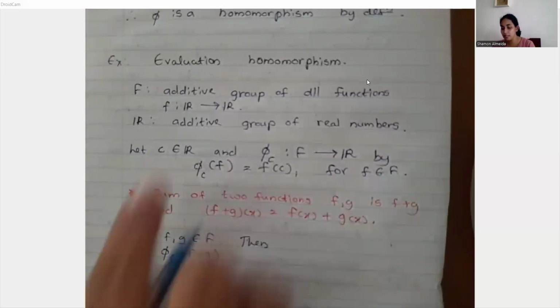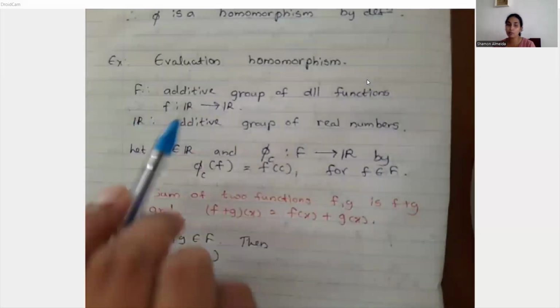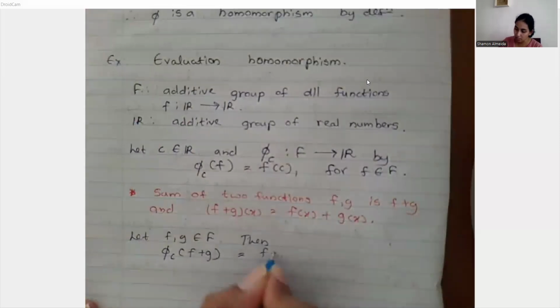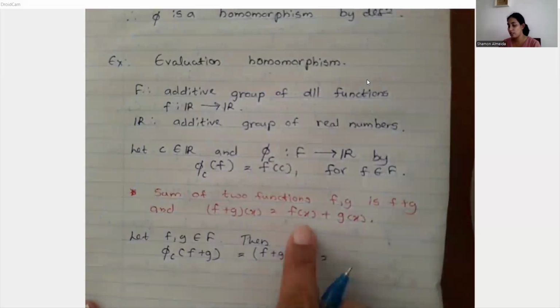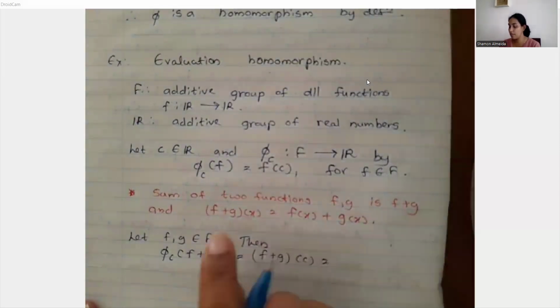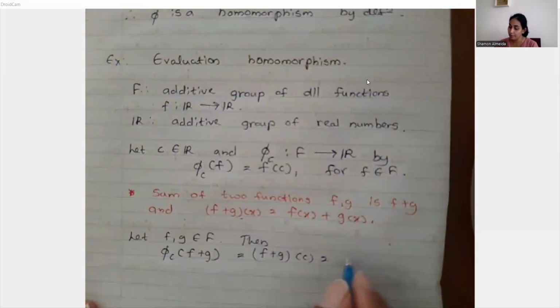Because addition is the binary operation over F now. It's the additive group of all functions. This is equal to f plus g of c. And we know how to evaluate this sum at a certain value x.